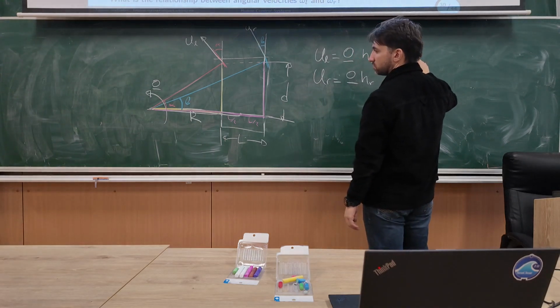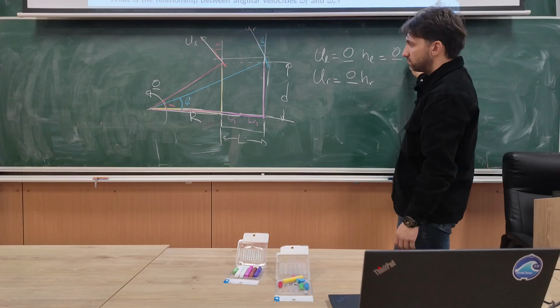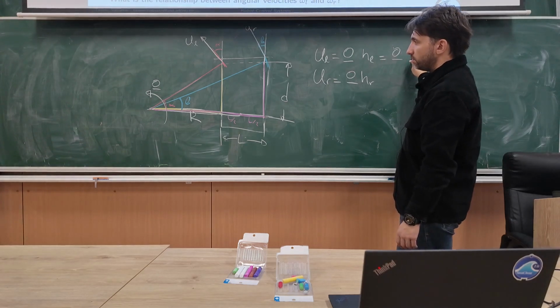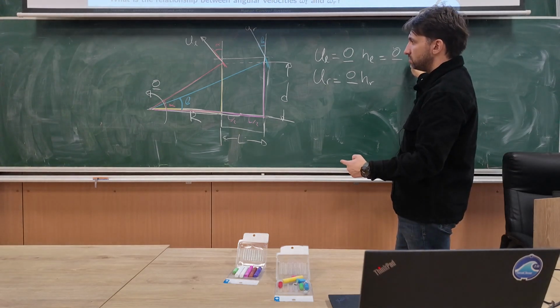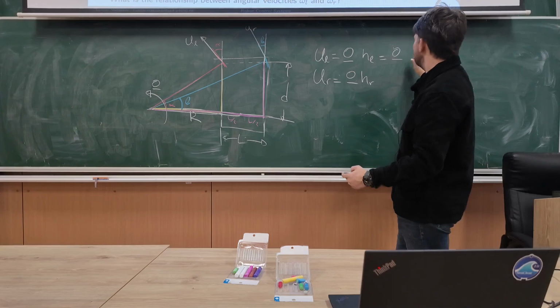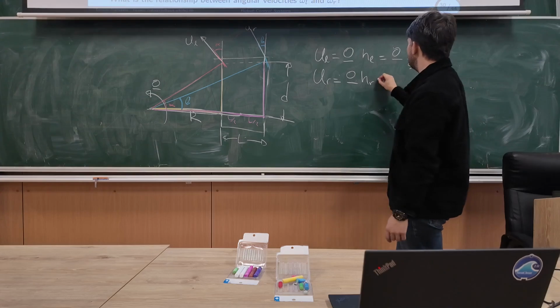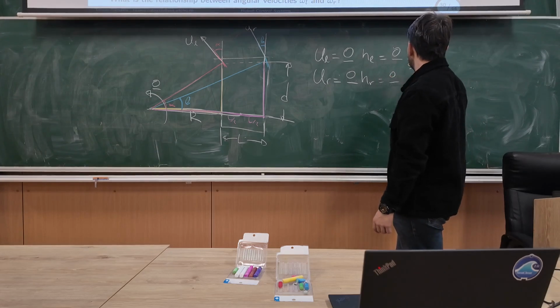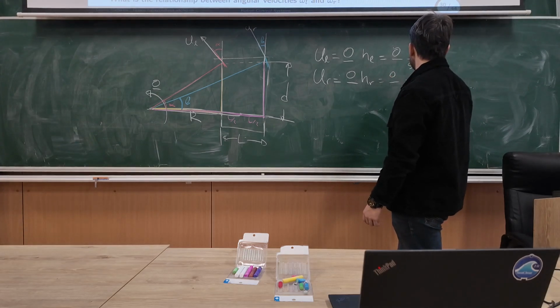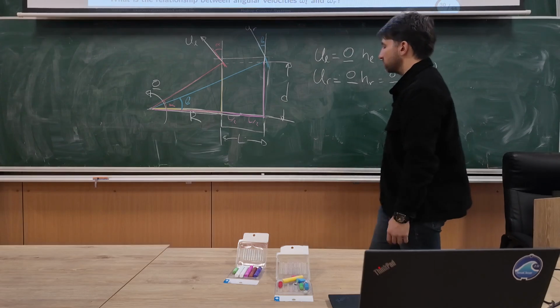It has times sinus D, so it's D over sinus of alpha. This will be omega D sinus beta.